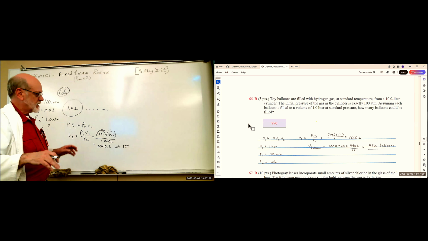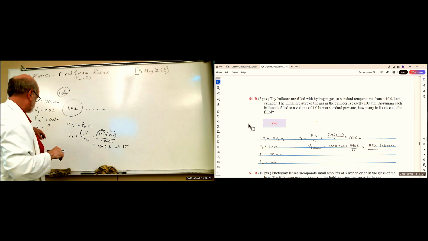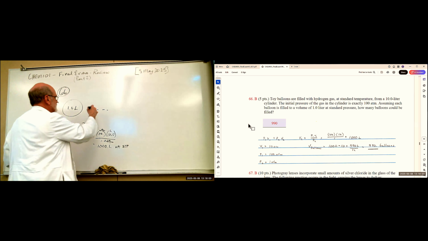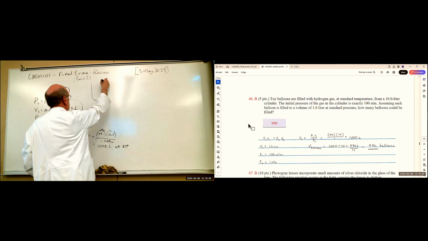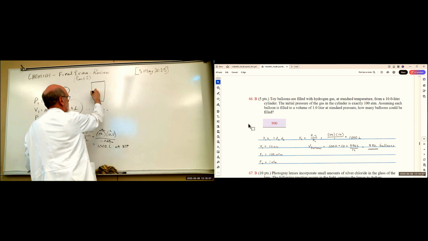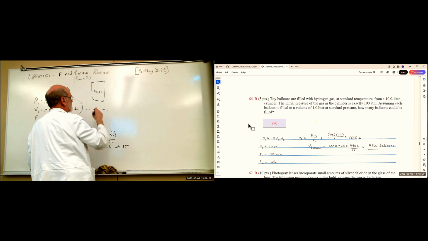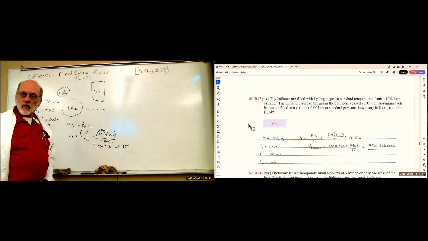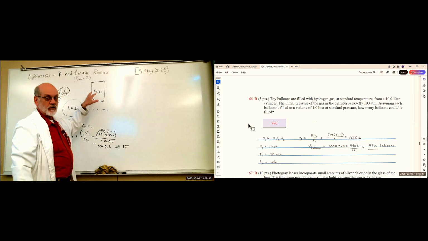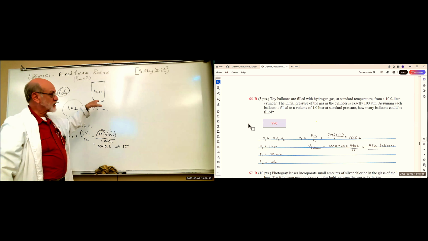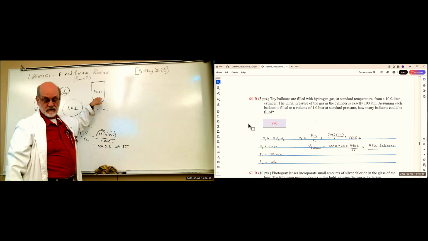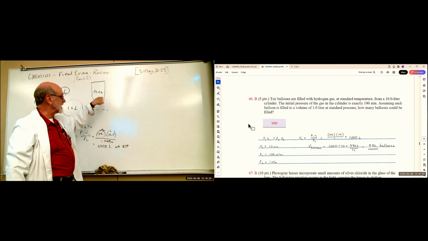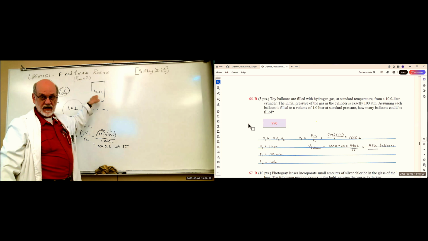All right. Here's the trick. This cylinder is 10 liters. So when we take this cylinder down to 1 atmosphere, there's still going to be 10 liters of gas left in that cylinder.